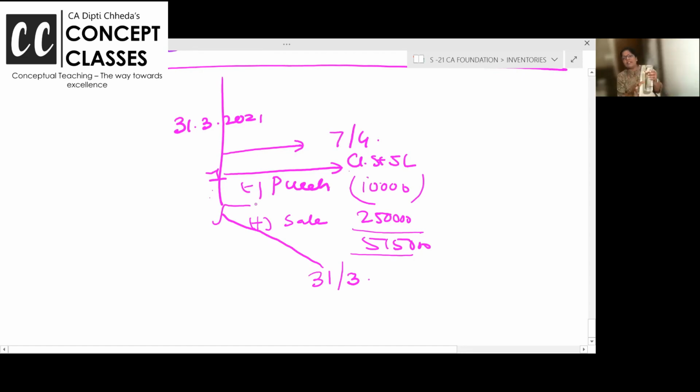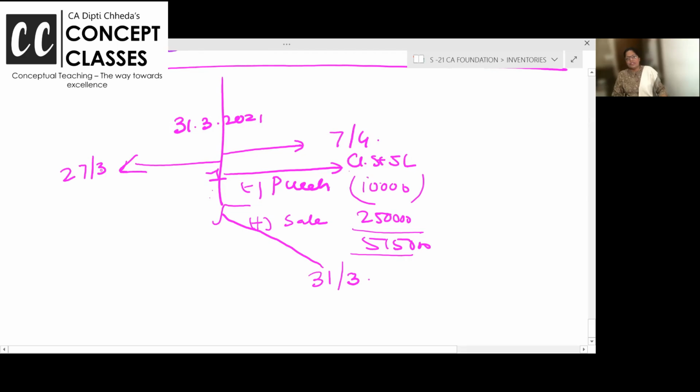There are formats and all in your material, but kuch zarurat nahi hai utna. Are you clear or not? Yes, right? Chalo.